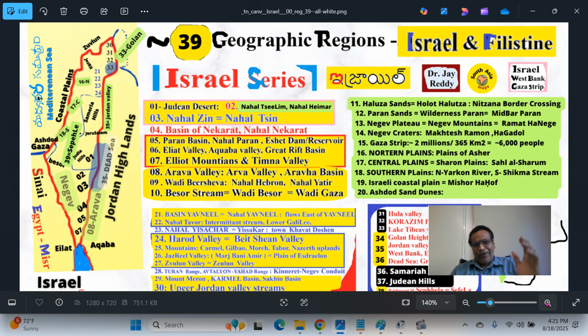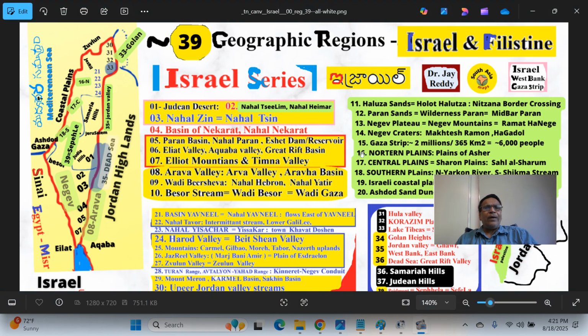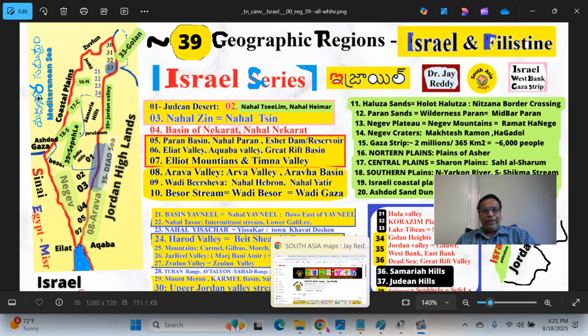Here I am trying to show you at one place so that you will have a broader bird's eye view of all of them. I think this is number 1, the Israel region. So these are all the regions we are taking a bird's eye view of now.